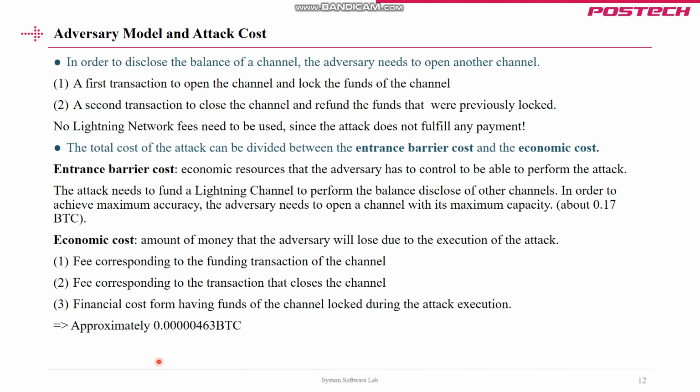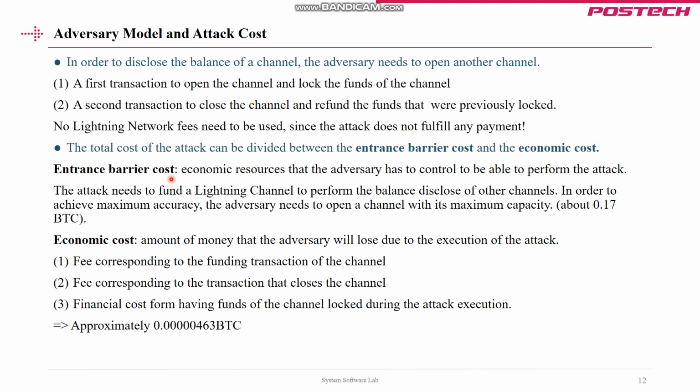This is the total cost of the attack, which can be divided between entrance barrier cost and economic cost. First, the entrance barrier cost. So what is the entrance barrier cost? It is the economic resources that the adversary has to control to be able to perform the attack.